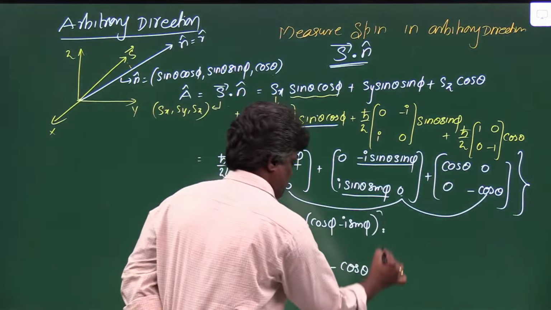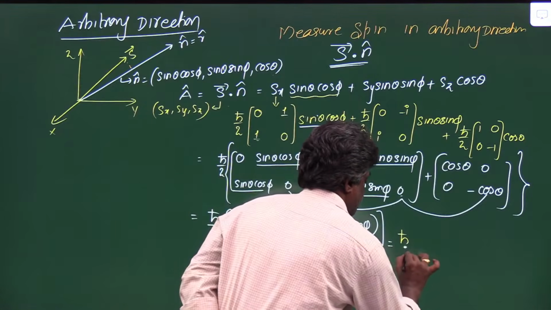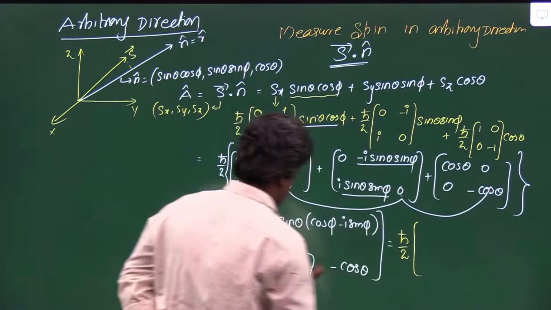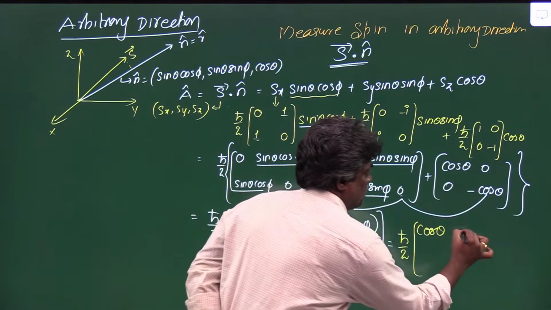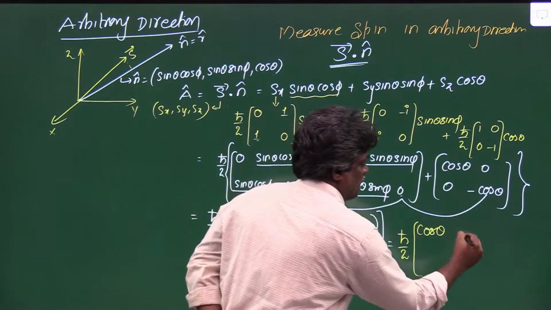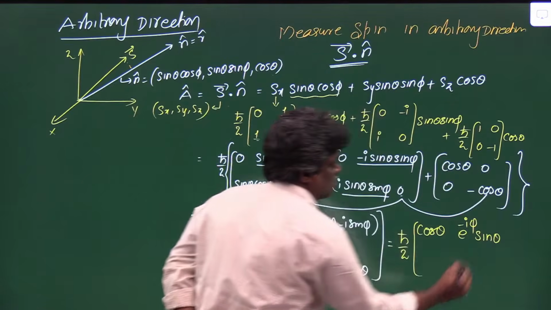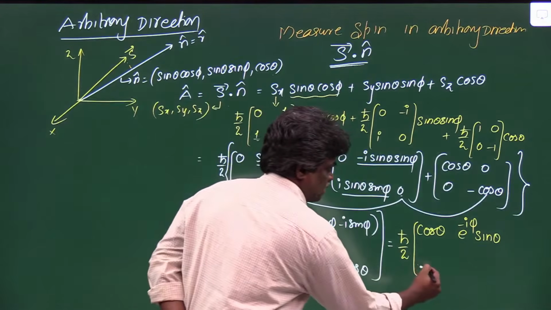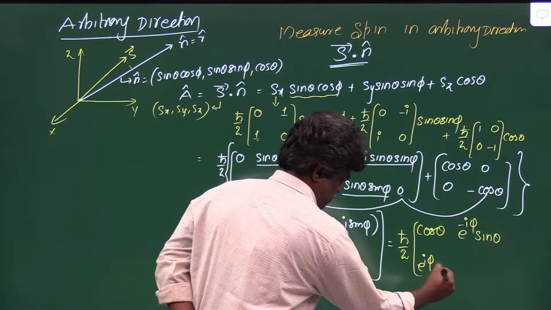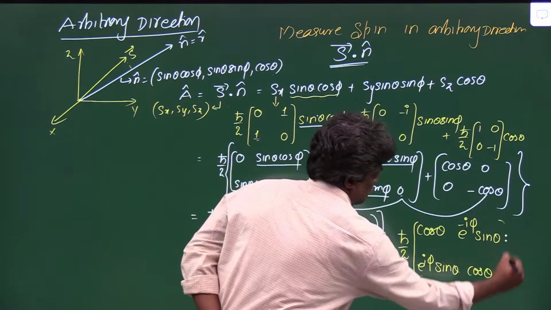So finally, I got the matrix corresponding to arbitrary measurement: h cross by 2, cos theta as it is, sin theta as it is, but this can be written as e to the power of minus i phi sin theta, and this can be written as e raised to i phi sin theta, cos theta.